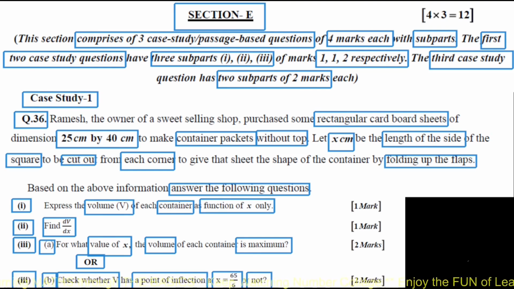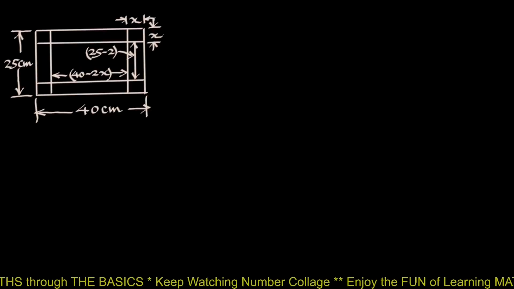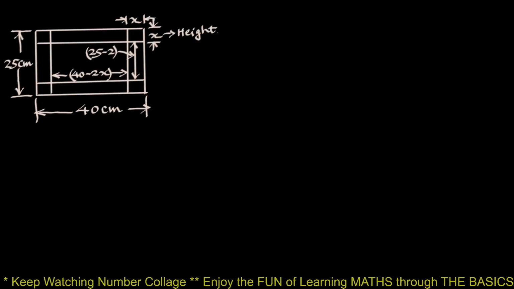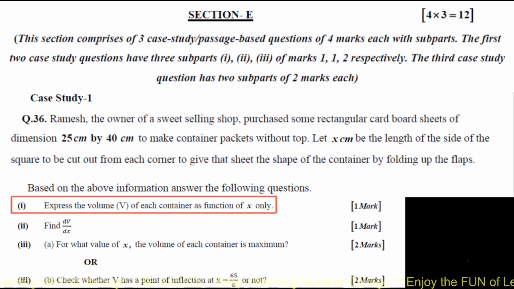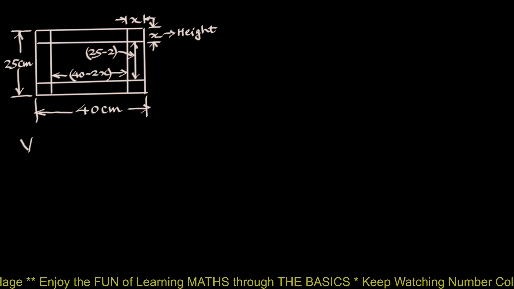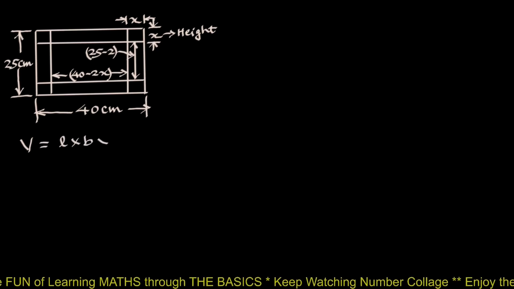First we will draw the possible shape of the box, which would look like this. This x will be the height of the box. In the first question, we have to express volume V of each container as a function of x only. Volume of container will be length into breadth into height.